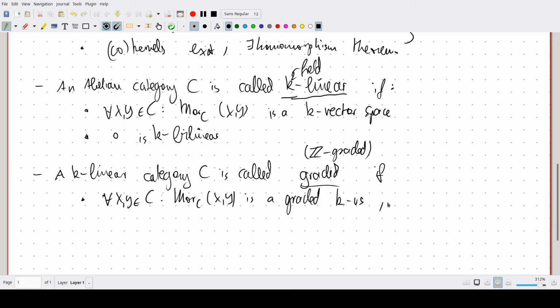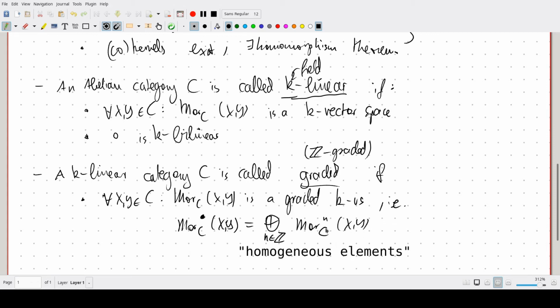What does that mean? It means, usually we also write it with a fat dot there, that we can decompose it as the direct sum of Z many morphism spaces that are each called morphisms of degree n. And that is our condition on the morphism spaces.